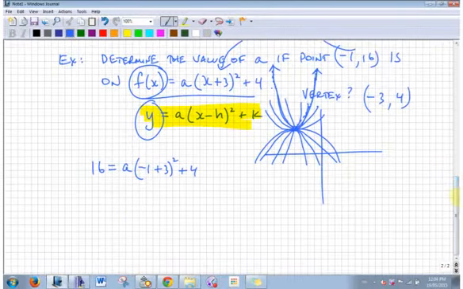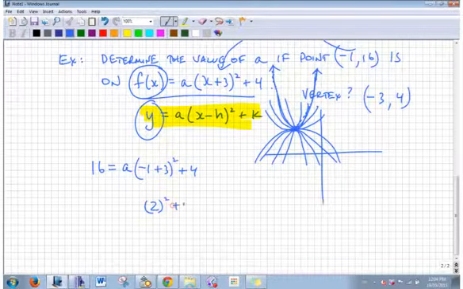BEDMAS. Brackets first. What's negative 1 plus 3? 2. That's all I can do in the brackets. Just rewrite everything. Step 1. BEDMAS, the second letter says E, means exponents. Do the exponent. What's 2 squared? 4. So A times 4 plus 4 is 16.